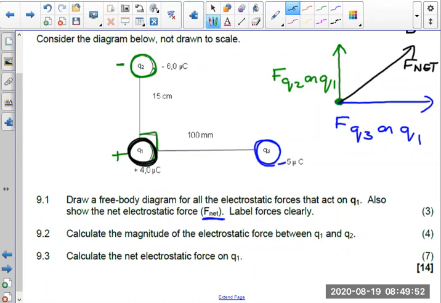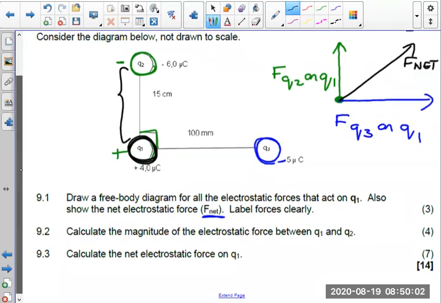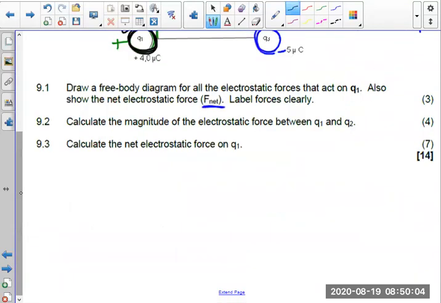Calculate the magnitude of the electrostatic force between Q1 and Q2. So they want us to work out the force between these two. Okay, so let's quickly do that. So force is the clue word. F equals K Q1 Q2 over r squared.